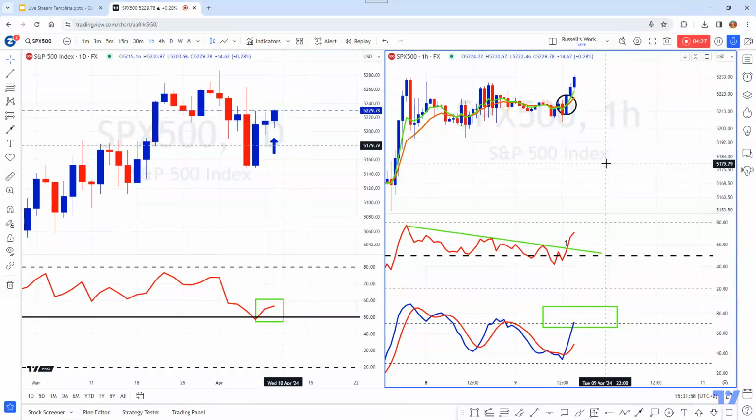Of interest, tomorrow we're going to get the CPI release at 8:30 a.m. New York time. We'll get the core CPI and the CPI coming out, and we want to see if there's any indication of sticky inflation there.